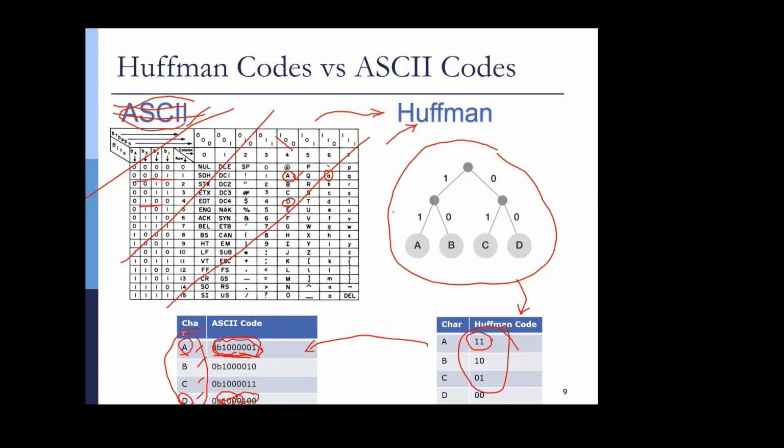But if you use Huffman, first you have to analyze all the letters, generate the Huffman tree, generate the Huffman code table. Then only you send. And then the other side must receive the Huffman tree, and then they use it to decode. The sender encodes, the receiver decodes. And every time you have to generate a different Huffman tree. ASCII is standard. Huffman is not standard.